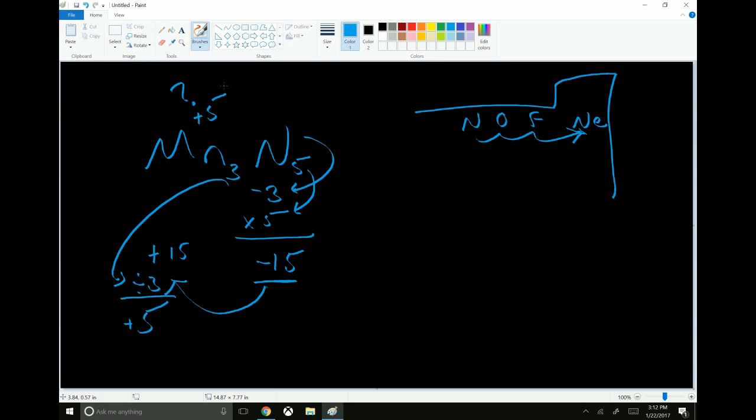So that's the charge on the manganese here. Okay, so that's going to be manganese(5) nitride. It's not the most elegant, but I haven't really found a better way.